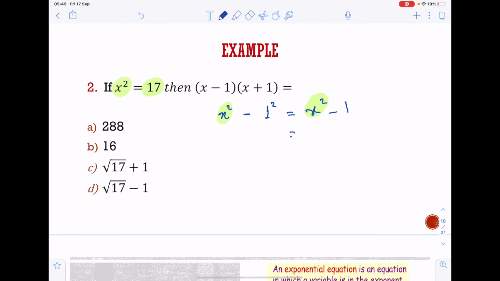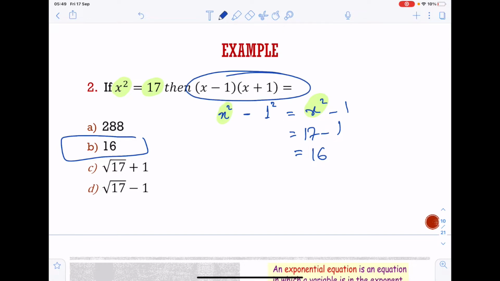So this equals 17 minus 1, which equals 16. This is the answer. So don't try to do other things or to solve the equation, since you already know the difference of squares.